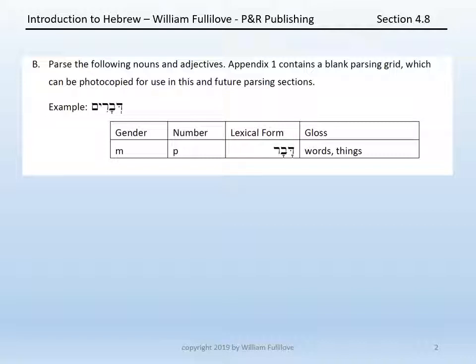Part B then gives you practice using that paradigm to be able to parse nouns and adjectives. So for instance, if we see the noun devarim, I am able to use the paradigm that I just wrote, and I recognize that susim has the same ending, im, as the form I'm trying to parse.